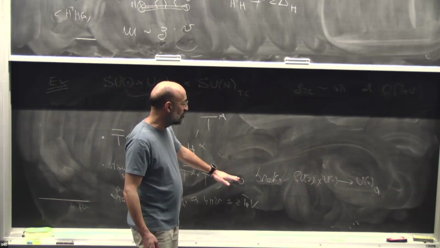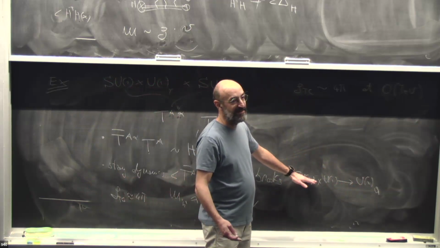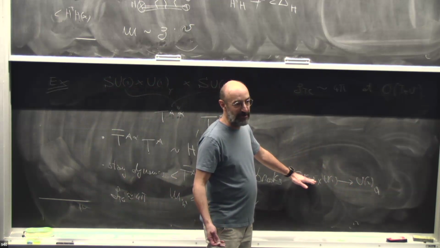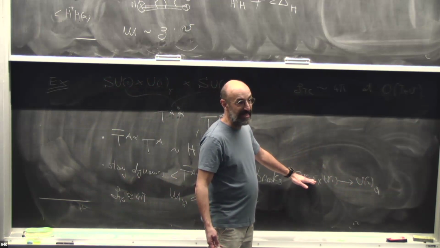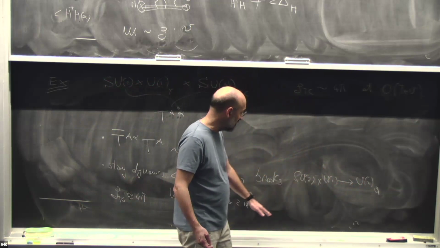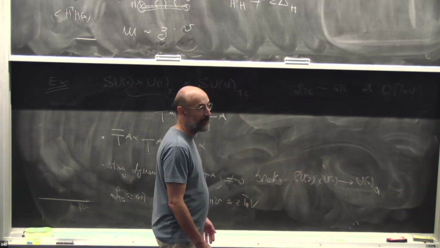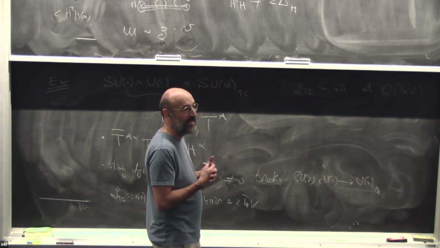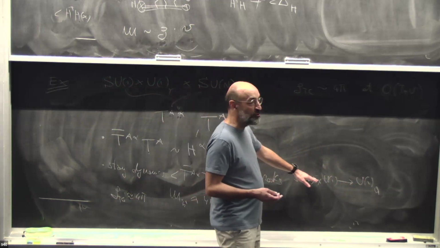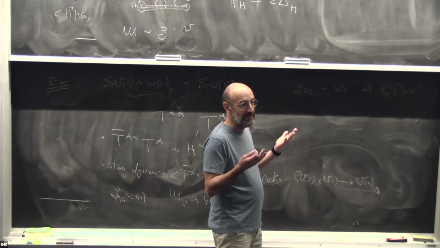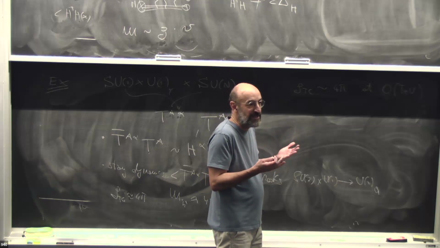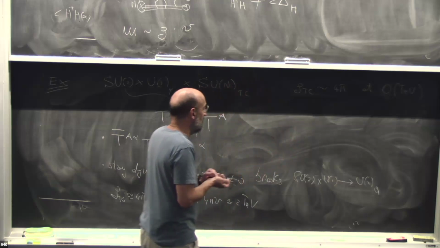In this situation, the longitudinal vector bosons are part of a strongly coupled sector with a typical mass scale of 1 or 2 TeV. And therefore, when you do experiments at 1 or 2 TeV, the longitudinal component of the vector bosons manifests its strong nature.